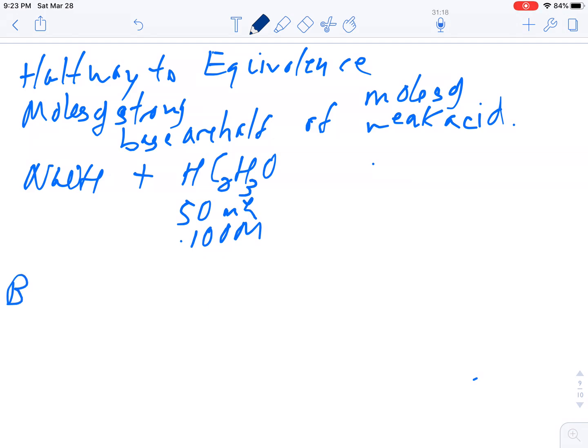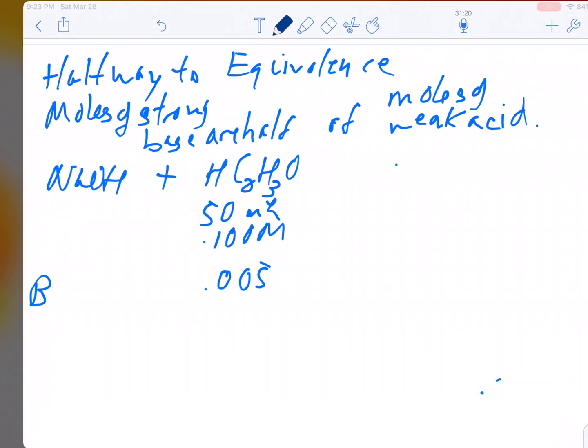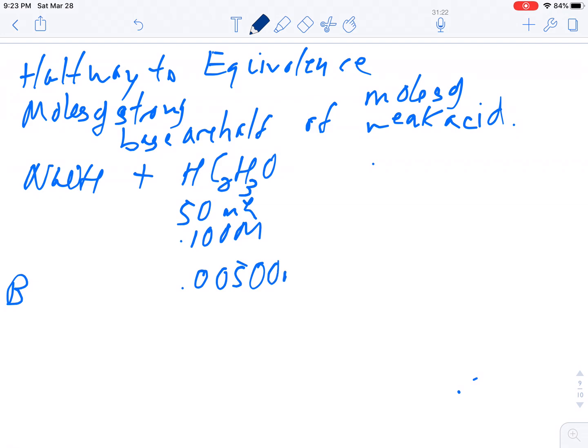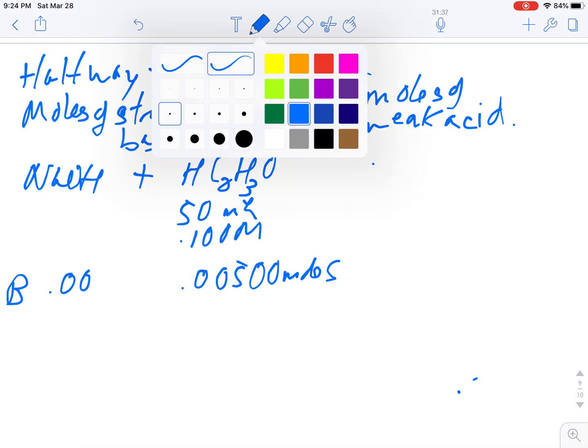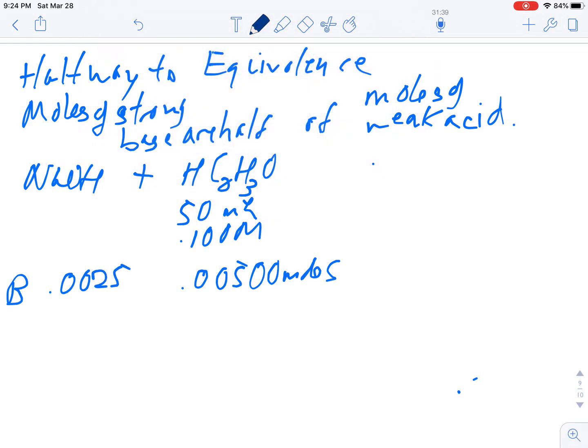So beforehand, that's the number of moles of weak acid. That means halfway, I would have half the number of moles of my strong base.